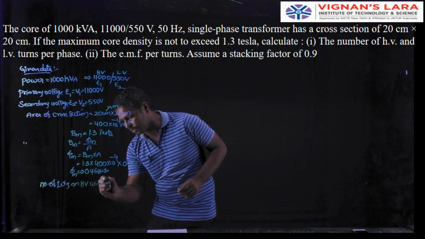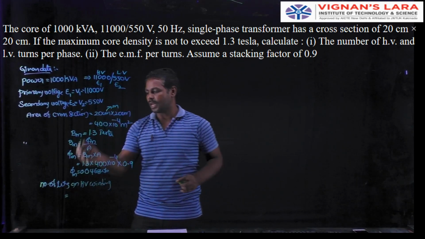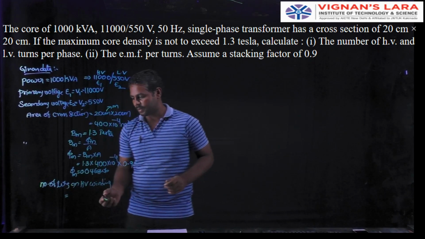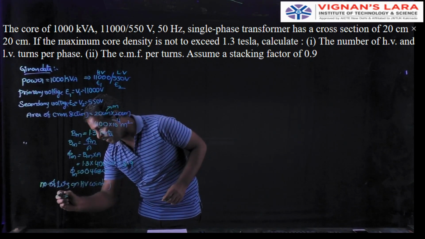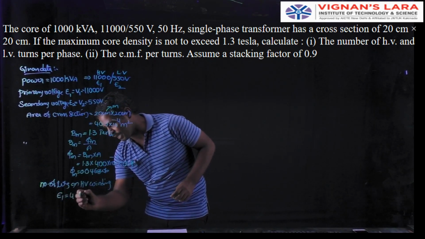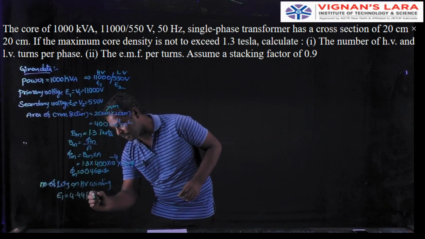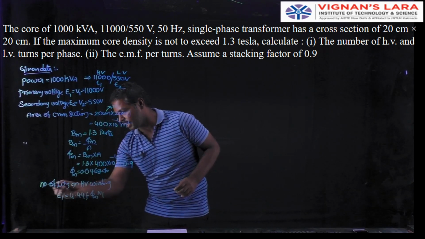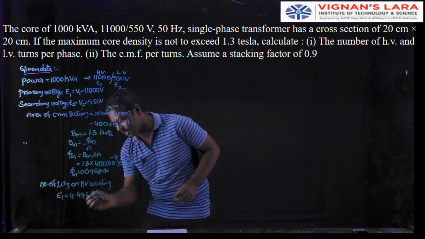All of you know the EMF equation of a transformer: E1 is equal to 4.44 into F into phi m into N1. Number of turns in HV winding means N1.